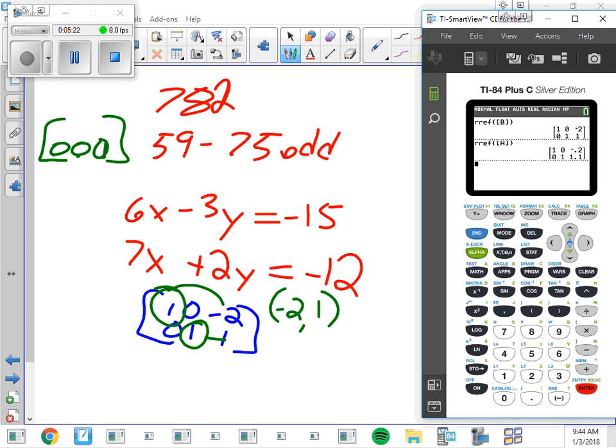So in this case, my answers are negative 0.2 and 1.1. I just made up an equation. You can go down, but it's a long ways down, so I just go up. So you hit RREF, and then go back in another time, and then choose your matrix. Yeah, second matrix, math, and then go up from the bottom.